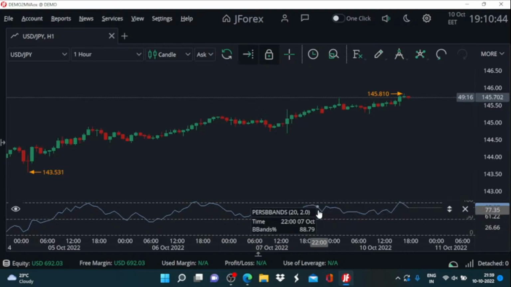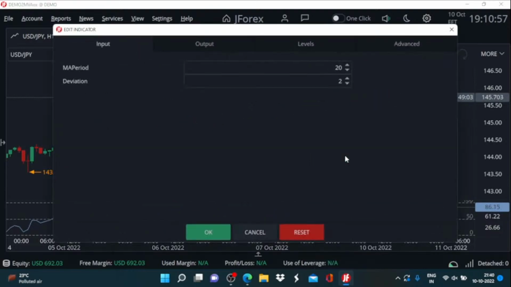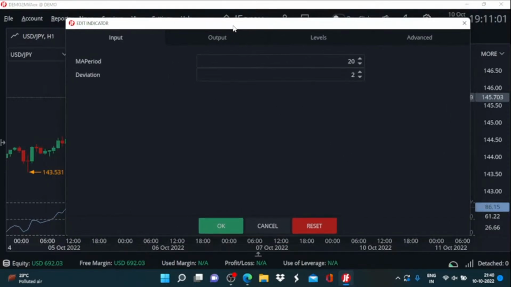And for making you more familiar with the possibility of customizing this indicator to your advantage, I am also going to explain to you some editing options provided on this platform. So you can devise your own ideas, your own framework using the parameters which you feel comfortable with.